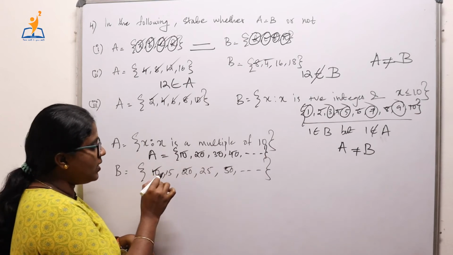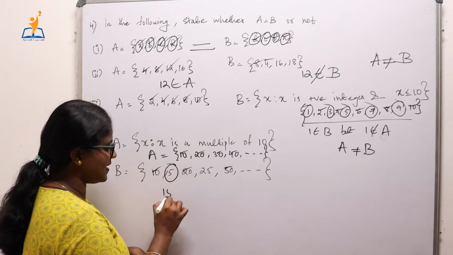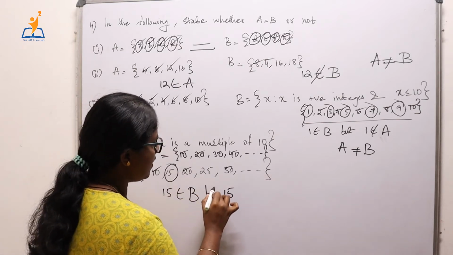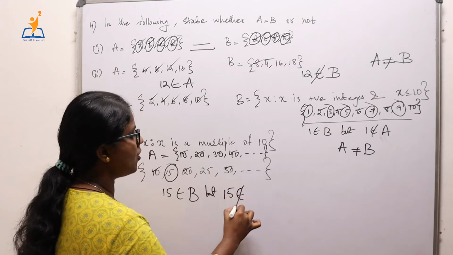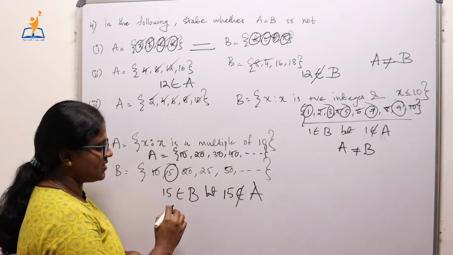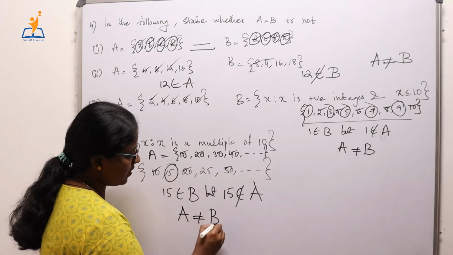But all the elements of B are not in A. That is, 15 is present in our set B, but 15 does not belong to our set A. That is, our condition is violated. So A is not equal to B.